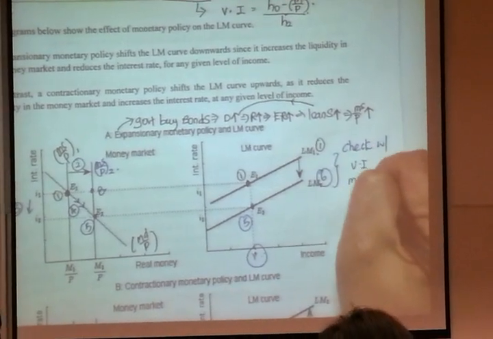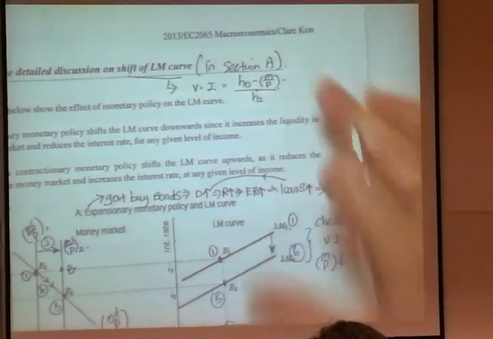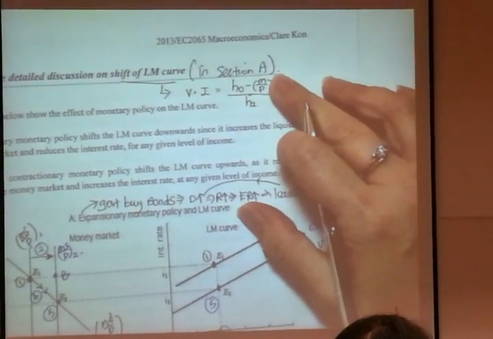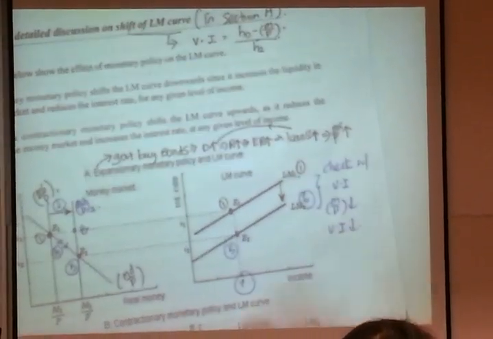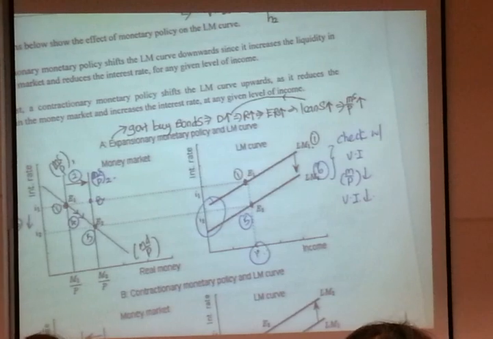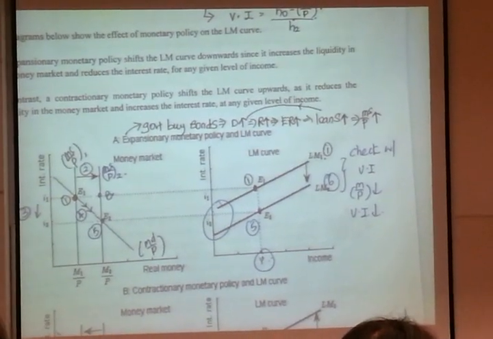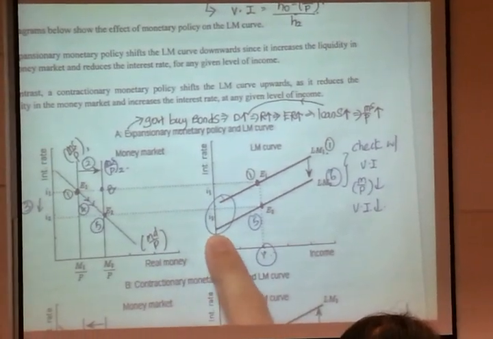You could see M over P drops. Look at your vertical intercept. Imagine this is a smaller value. Your vertical intercept actually drops. You can see from here. So that's why if you are good in both maths and diagram, they complement each other. They will reinforce that your answer is correct.